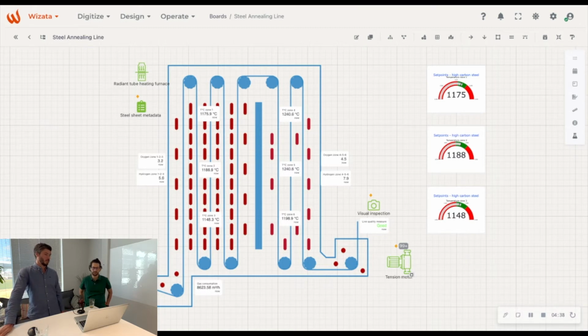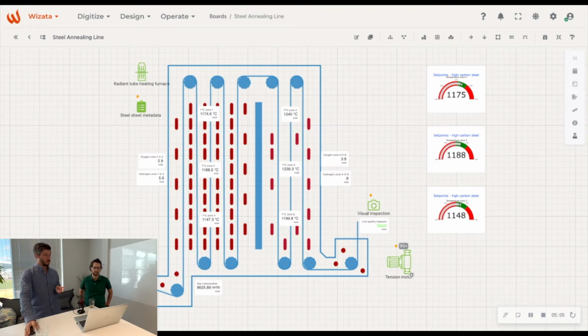What the algorithm can do in the background is first, of course, discriminate the different types of steel that can be processed, because different types of steel don't need the same set points. They will not have the same window of temperature that we can decrease to improve the consumption and at the same time keep the quality.